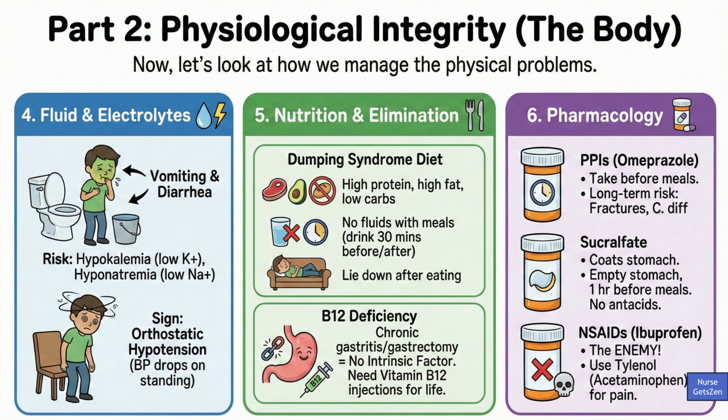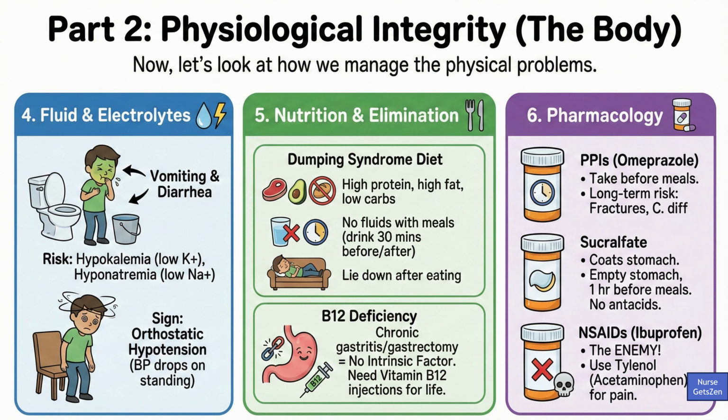Lie down after eating to slow gastric emptying. For B12 deficiency, patients with chronic gastritis or gastrectomy lose intrinsic factor. They will need vitamin B12 injections for life to prevent pernicious anemia.